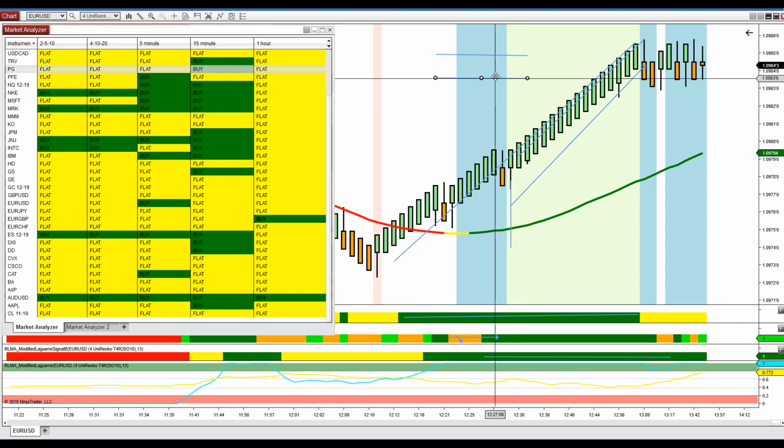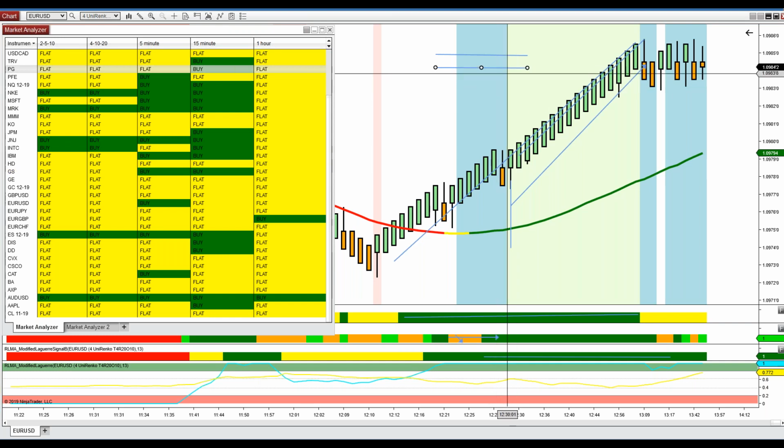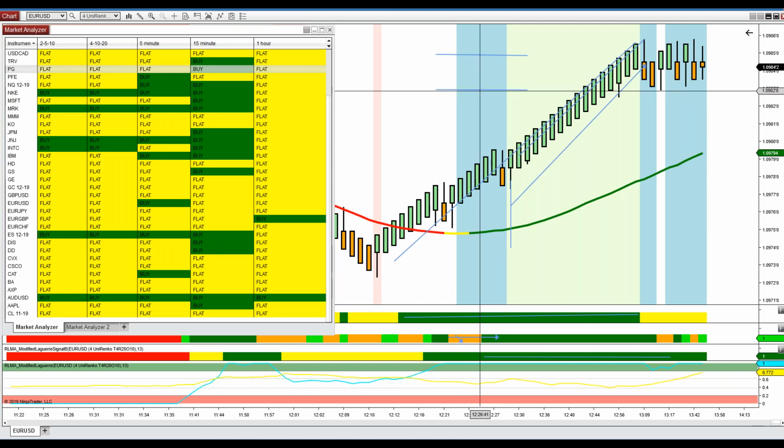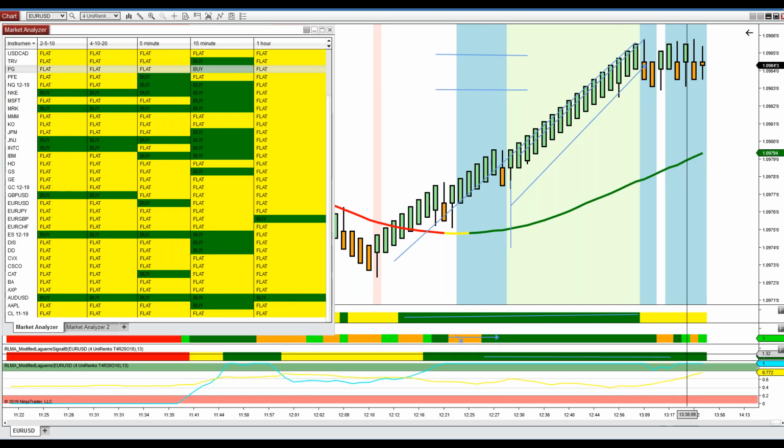And as long as that close continues to approach the high, that's what keeps the Laguerre long. As soon as that close starts to accelerate away from the high, that's when you know that the power of the bulls is starting to fade and the Laguerre is going to turn.